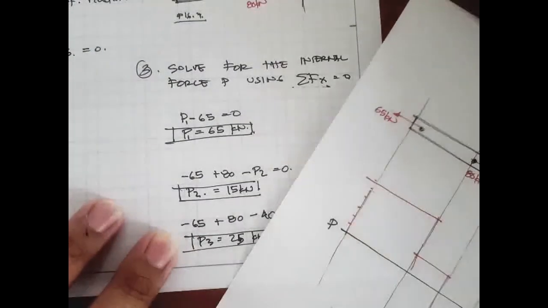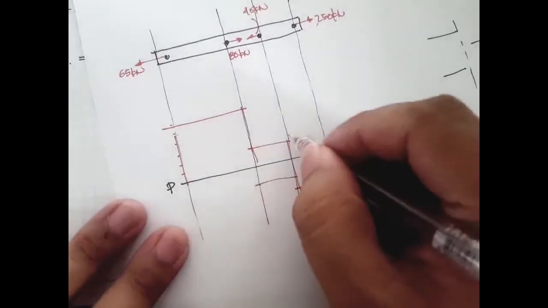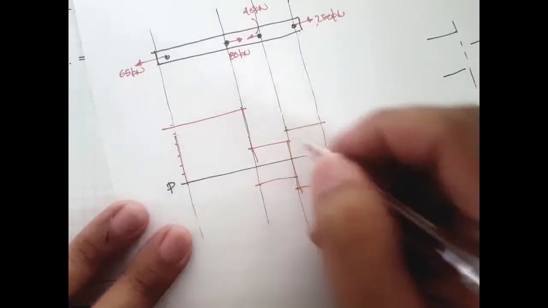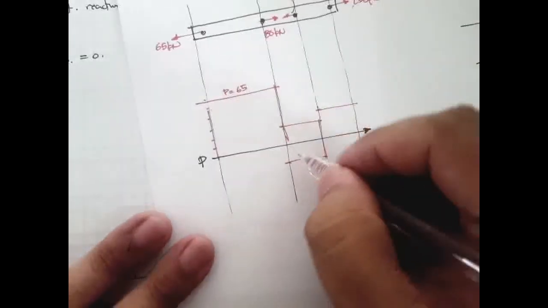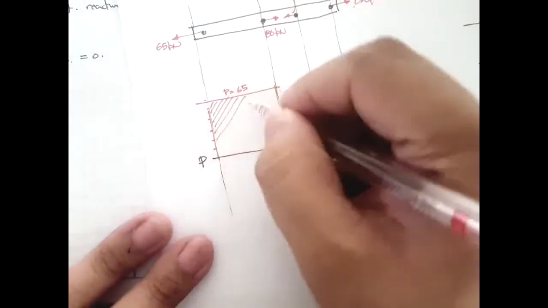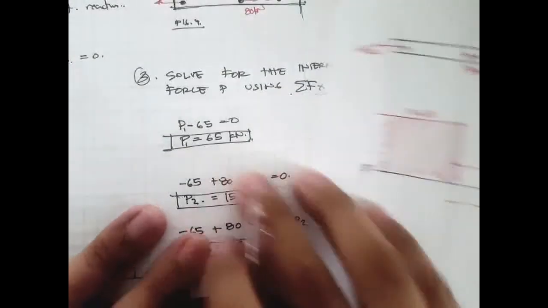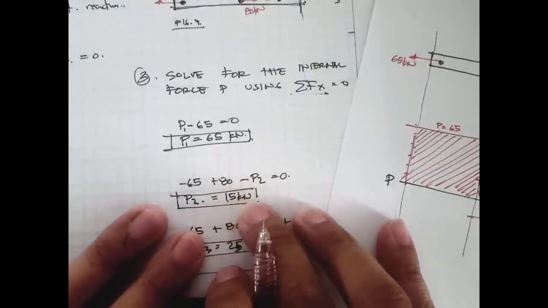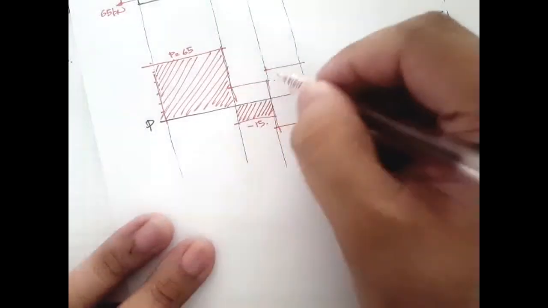Oh, I think this should be negative. So this one should be negative right here, and right here is 25. So P is equal to 65, and right here this is negative 15. It's a negative 15, and then right here we have a positive 25.